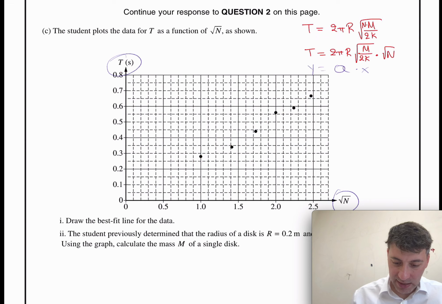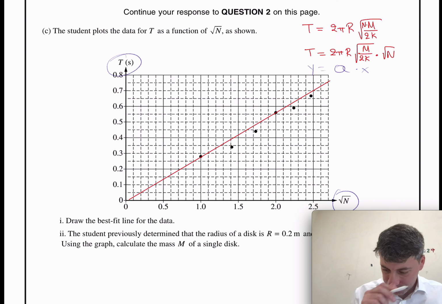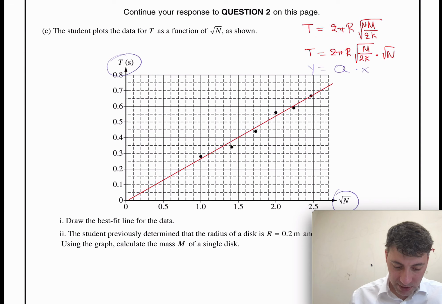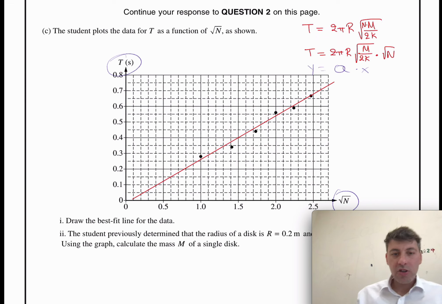So I expect that it will be a line that will pass close to the origin, and some of these points will be a little bit above, and some of these points will be a little bit below. So somehow like this, approximately.